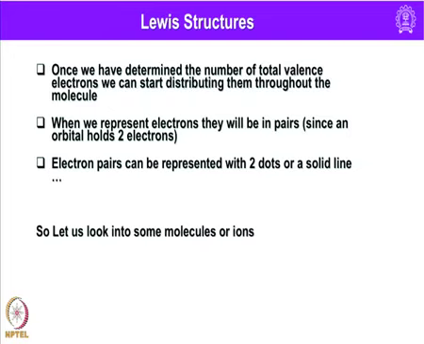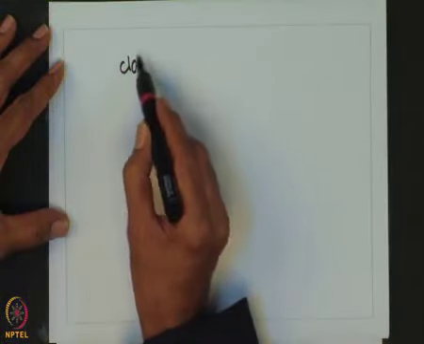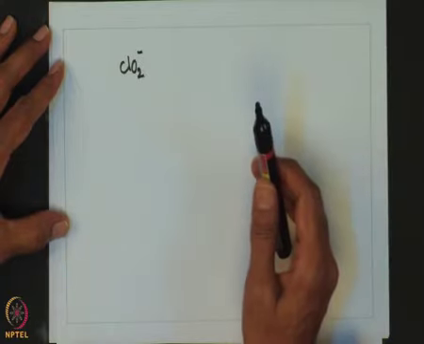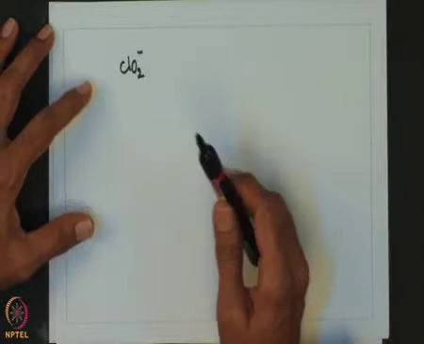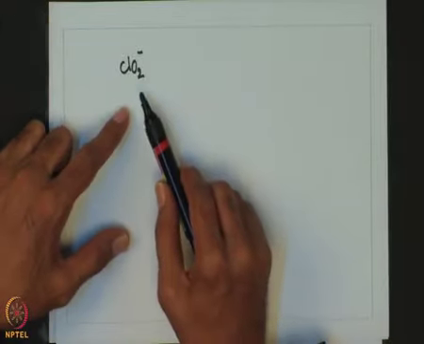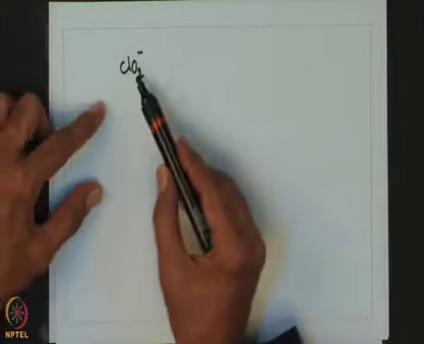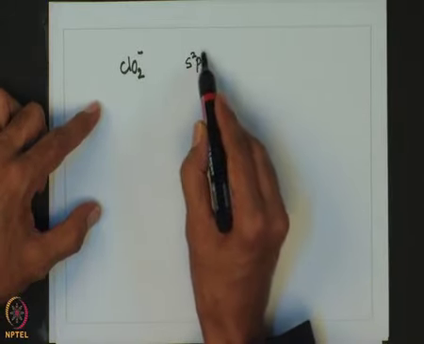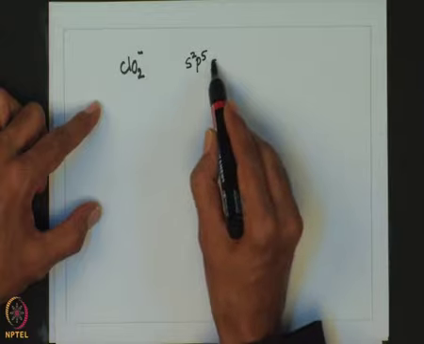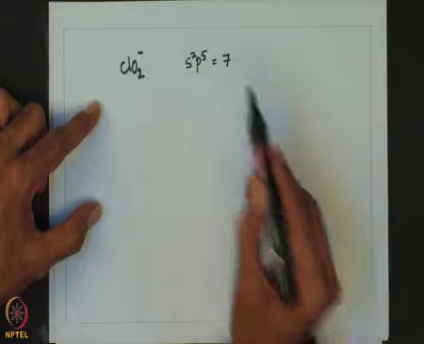So, let us look into some molecules or ions. Let us consider a simple anion such as ClO2 minus. As a first step, we should count the valence electrons of all the atoms that constitute this ion. Here we have Cl. Cl has s2p5 electronic configuration, that means we have a total of 7 electrons.